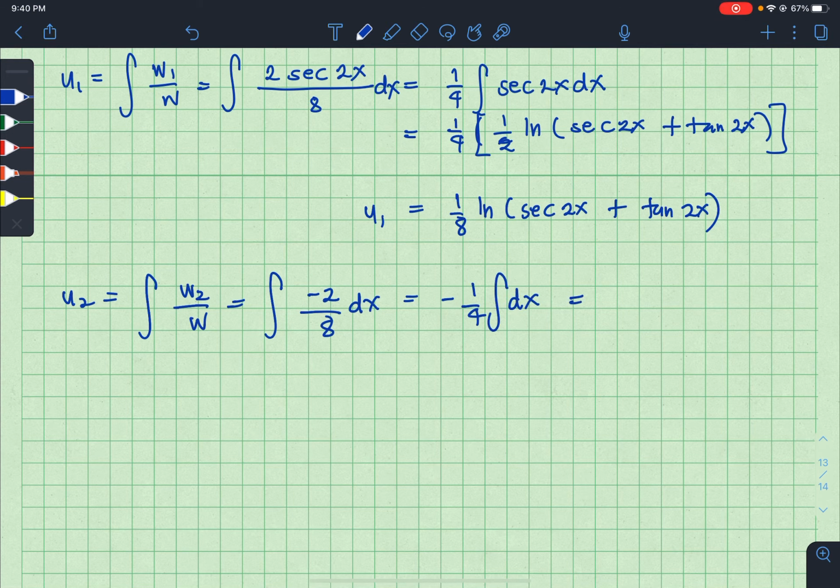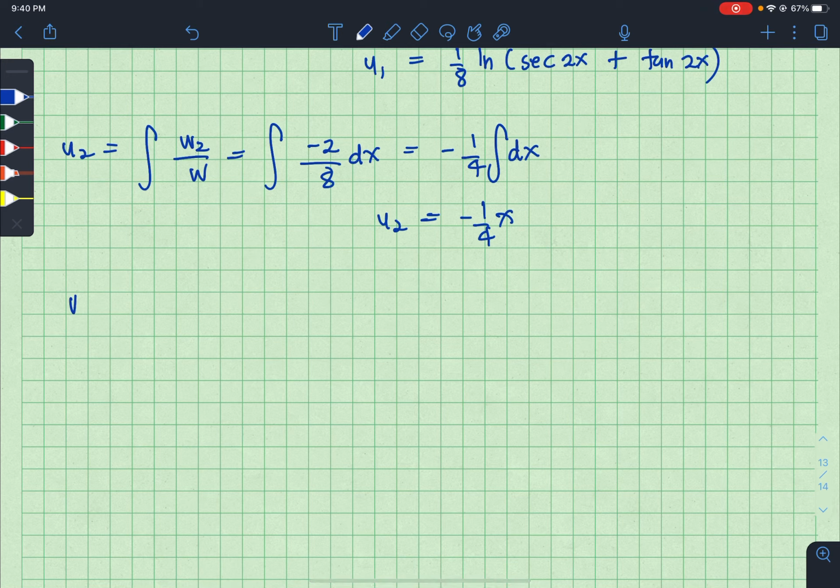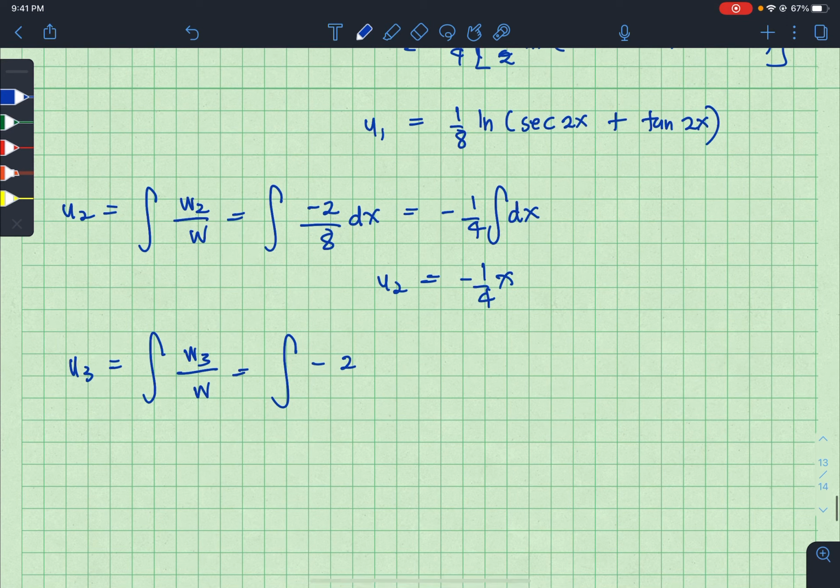So simply, u sub 2 is equivalent to negative 1/4 x. U sub 3 is W sub 3 over W: negative 2 tangent 2x all over 8.